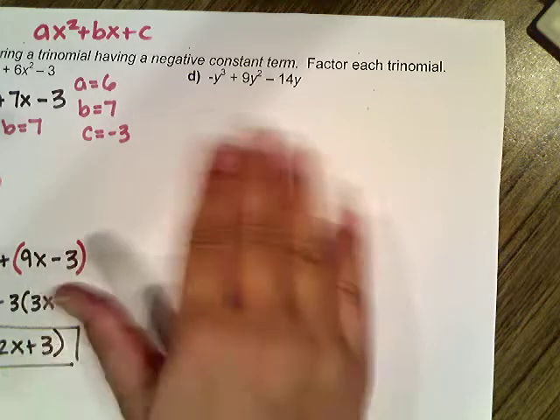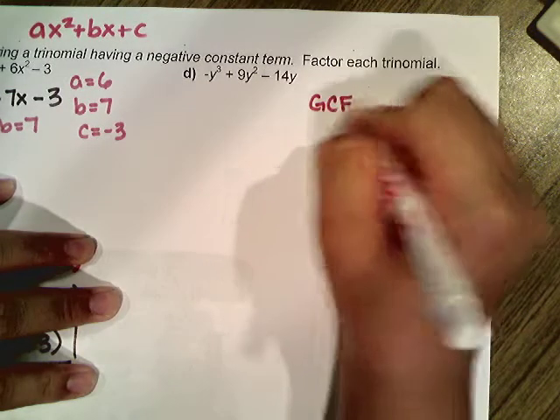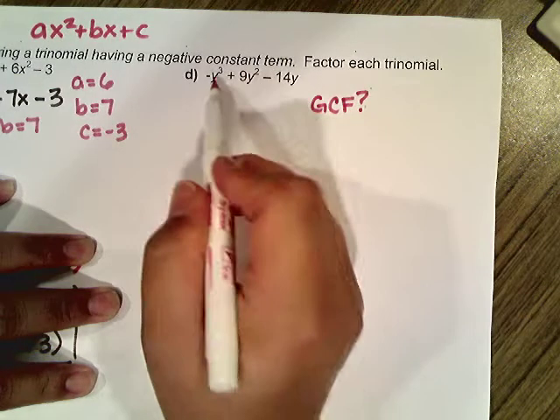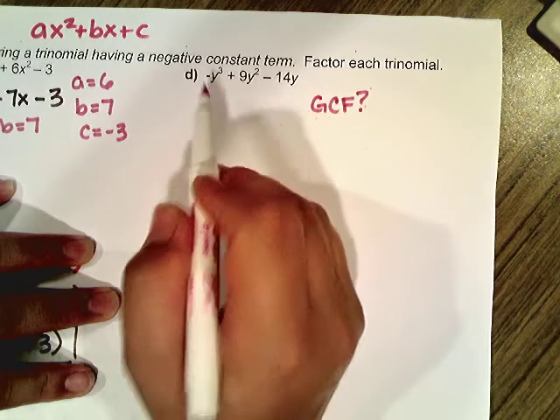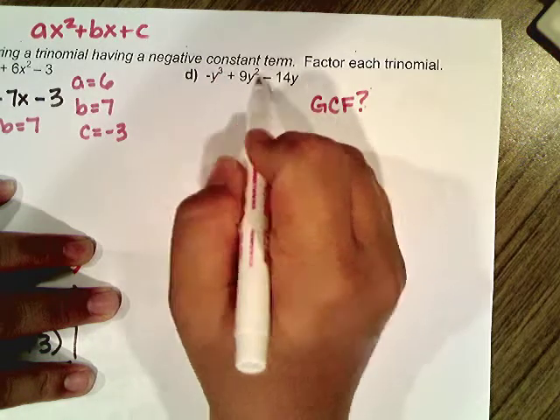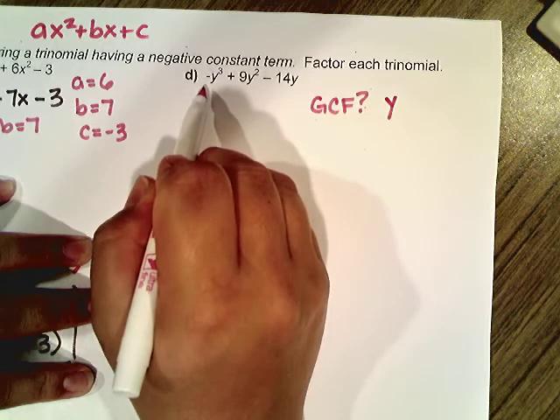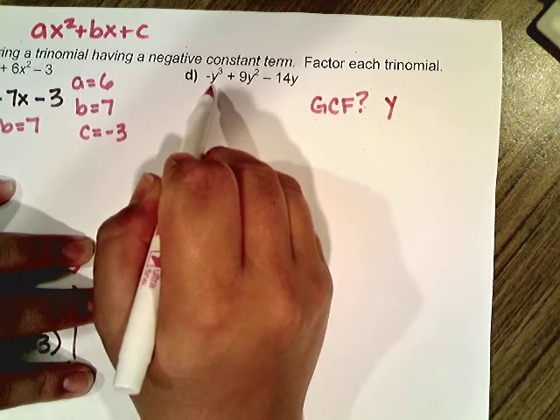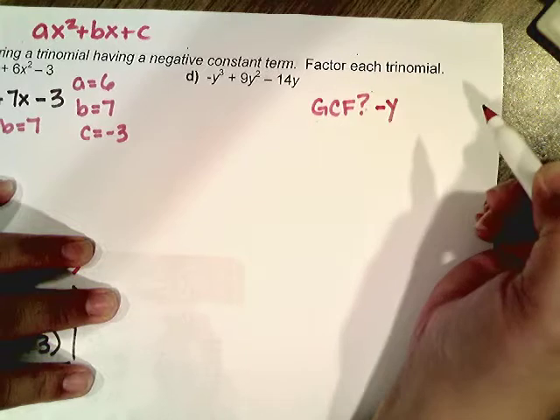So, again, do we have a GCF? And here we do have a GCF. Now, there's no coefficients that are going to be the GCF, but we do have a variable that's going to be the GCF. We can factor out a y from each one of these. And then, because the leading term is negative, that's a negative y cubed. Because the leading term is negative, we need to bring a negative out with the GCF.